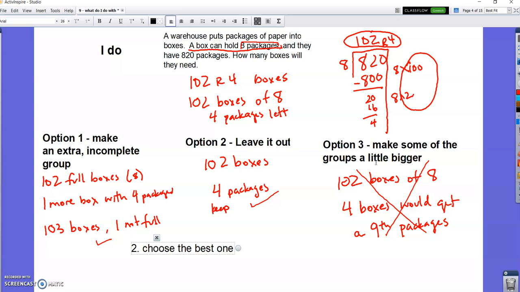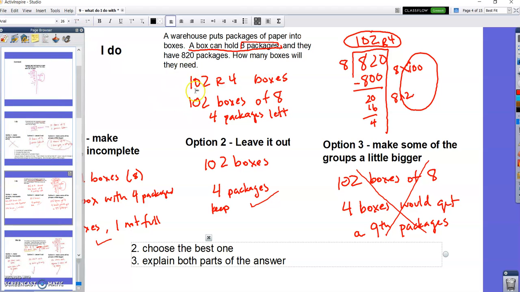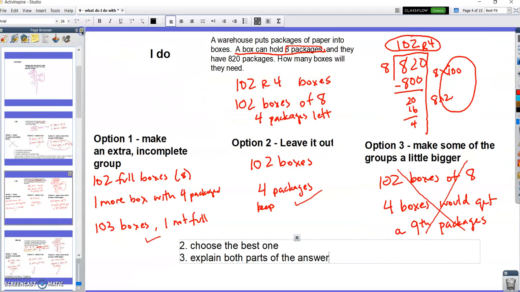I think I will probably pick option 1 here because that lets them send all the boxes. And a lot of times in math problems, that's what we're trying to do. So I'm going to choose option 1. And then 3, explain both parts of the answer. So as we go, now I'm going to explain what the 102 means, and I'm going to explain what the remainder means.